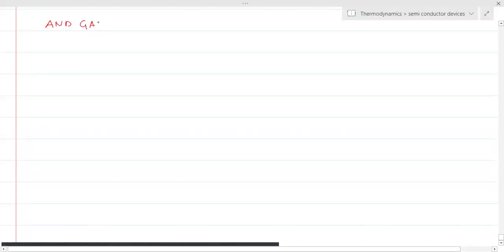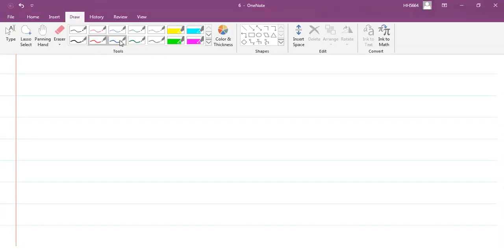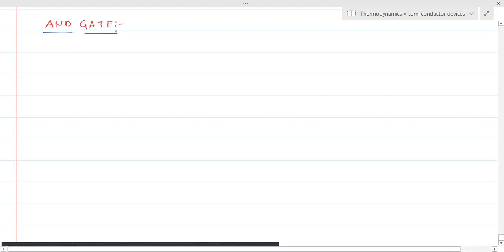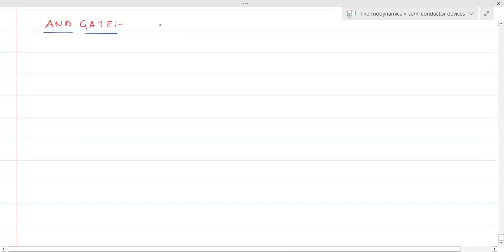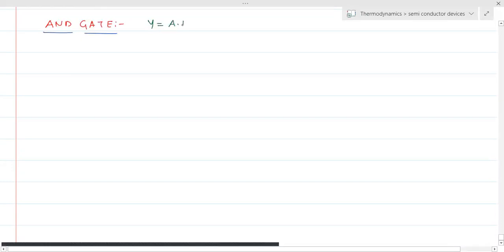Next, the AND gate. Right now we have some idea about the truth table, so in the beginning itself I am writing the truth table. The AND gate is defined by the mathematical operation y equal to a dot b.